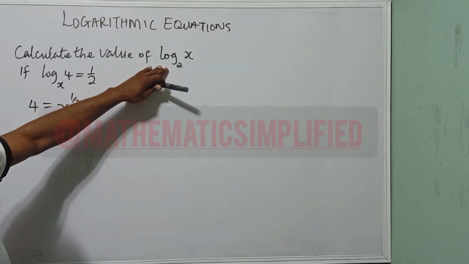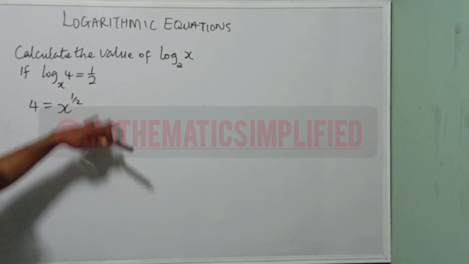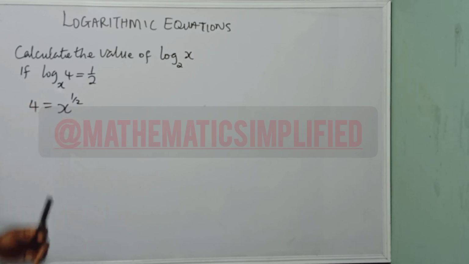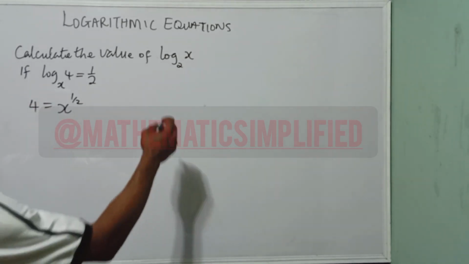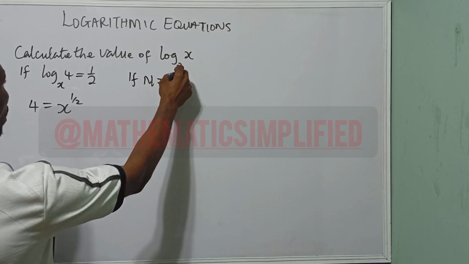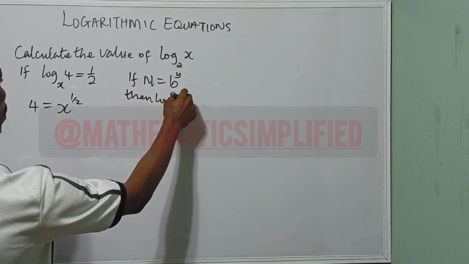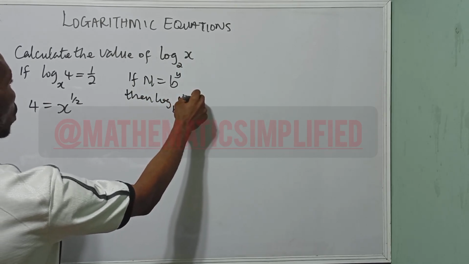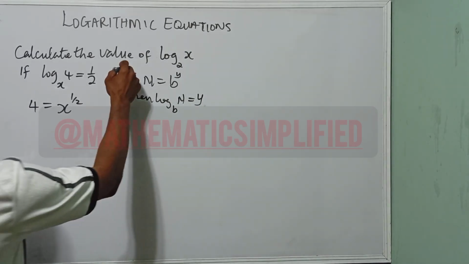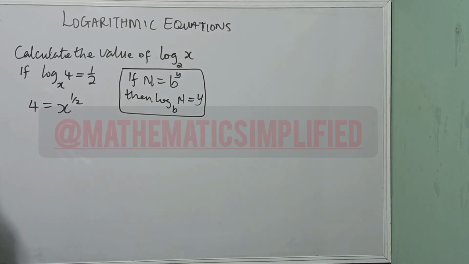Calculate the value of log base 2 of x if log base x of 4 equals half. Now to do this, we'll apply a general law that says if log base b of n equals y, then n equals b to the power y.